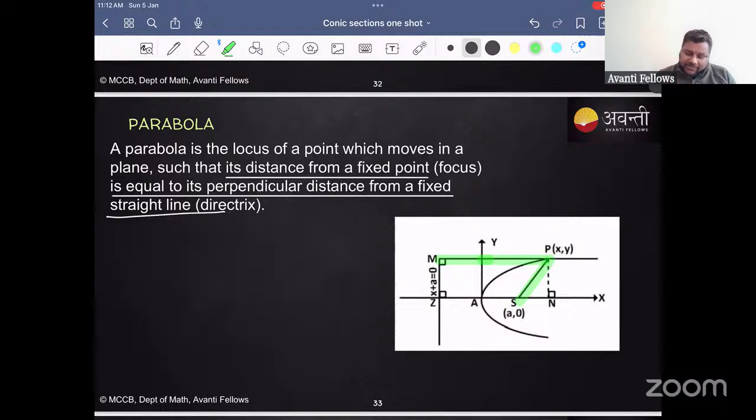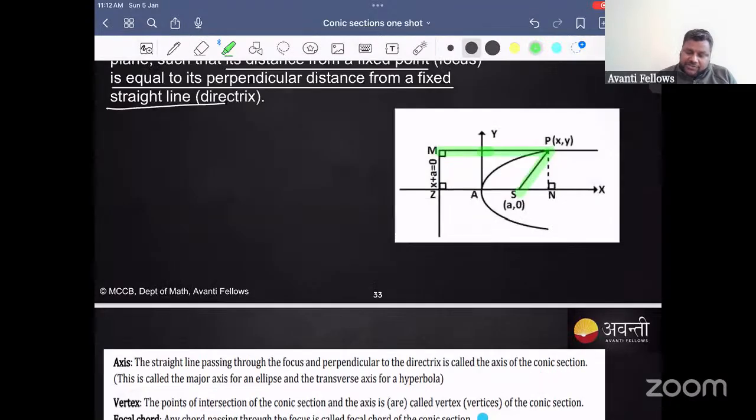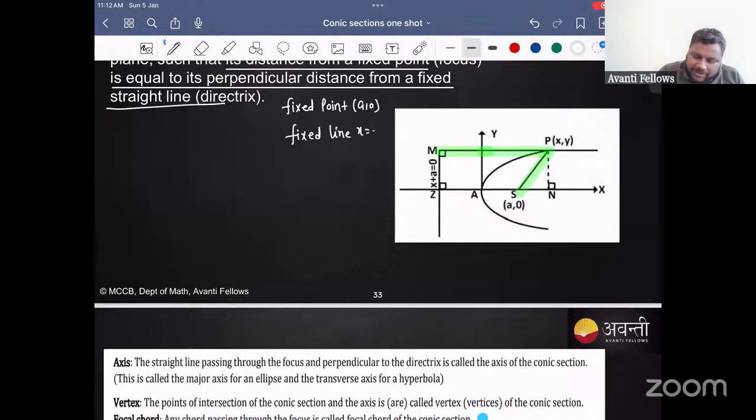From this, we derive the equation of a standard parabola. If I take the fixed point as (a, 0) and the fixed line as x equals minus a, understood?